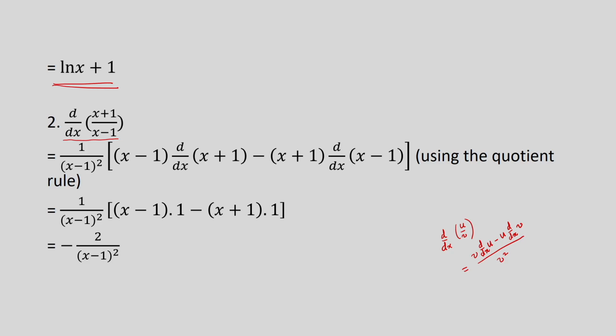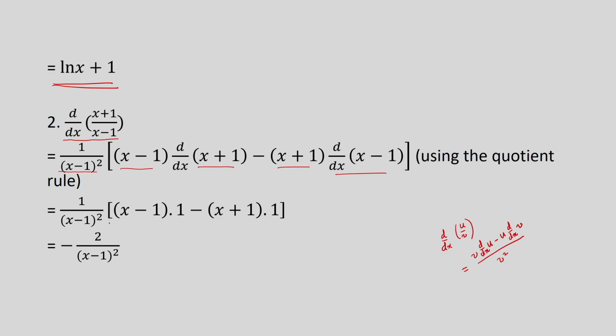And that is what we are applying here. In this case, v is x minus 1 and u is x plus 1. v is the denominator, so denominator square multiplied by d dx of the numerator x plus 1, minus the numerator x plus 1 multiplied by the derivative of the denominator, d dx of x minus 1.